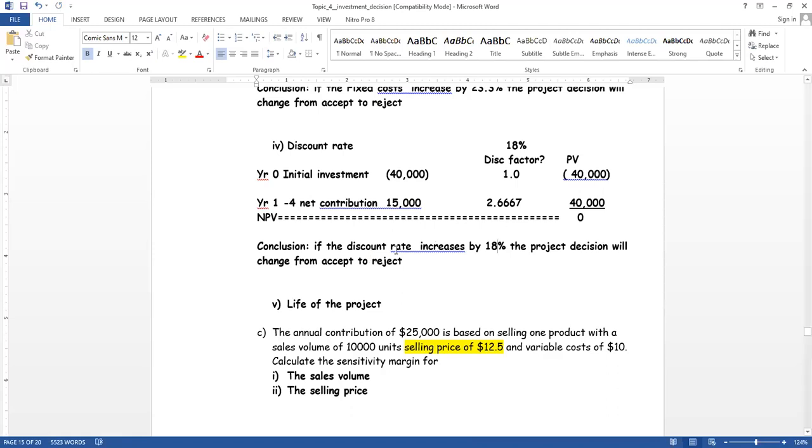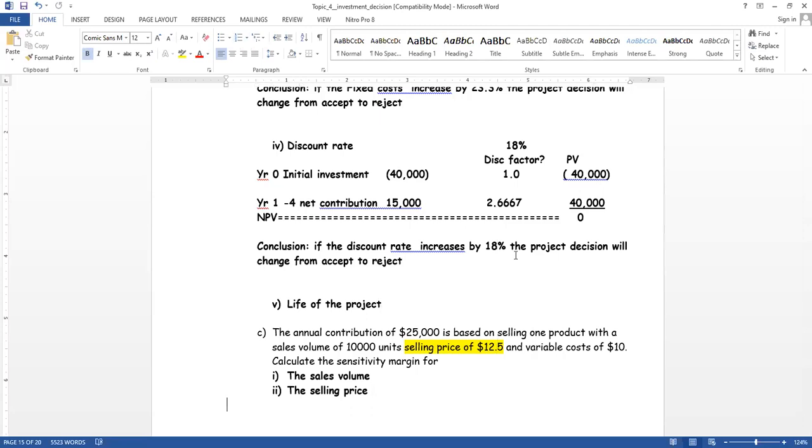Should the discount rate increase to 18%, we shall have to reject. Actually, you can even evaluate this project at 18% with the other variables remaining constant, and then your decision is going to change from accept to reject.